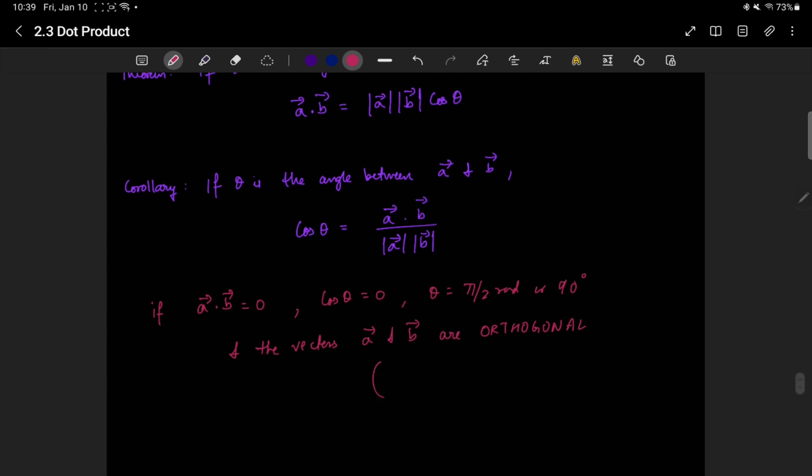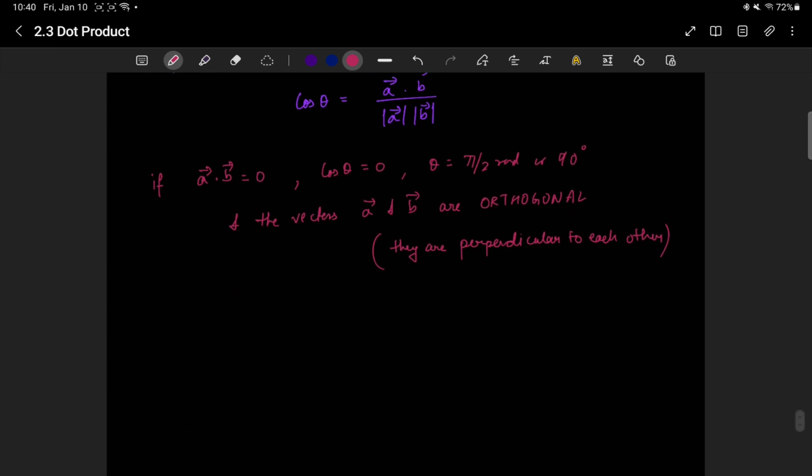What does that mean? It means they are perpendicular to each other. So dot product gives us this really nice characterization of vectors, which means that if I take the dot product of two vectors and it comes out to be 0, it tells me that the angle between them is 90 degrees, right?